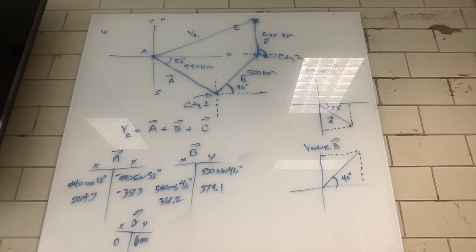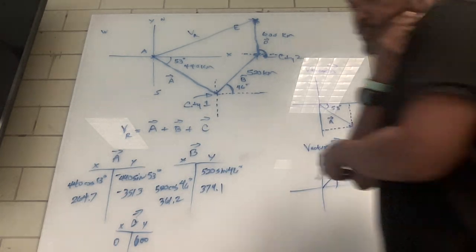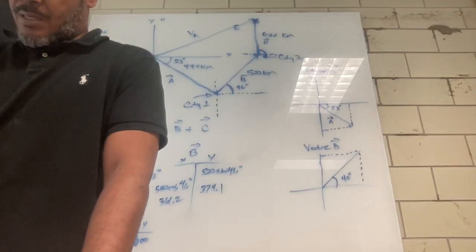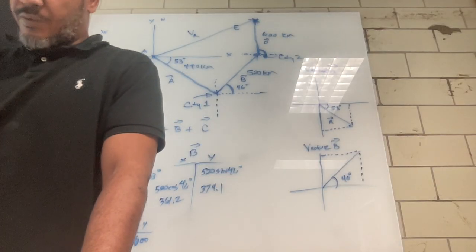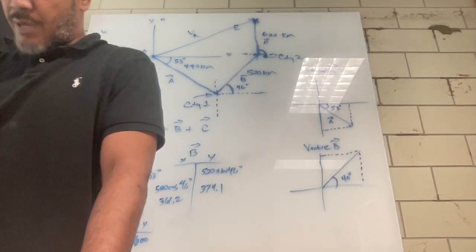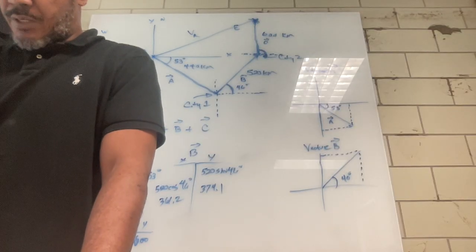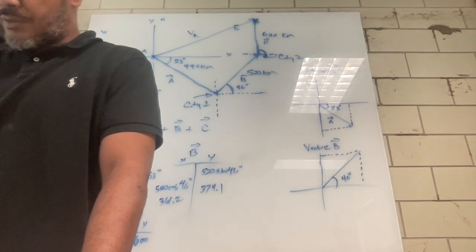Actually, we're not gonna find, let me make sure we're doing, since we're doing the, you don't need to find the magnitude, because we're talking about 3 dimensions now, or 3 vectors.